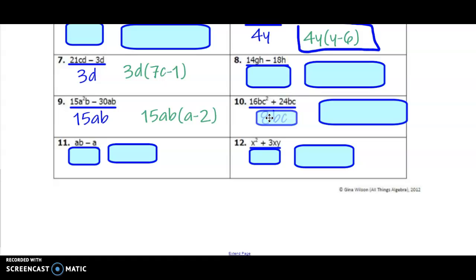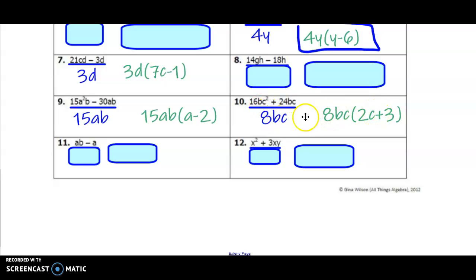So my greatest common factor is 8bc. When I divide that out, I bring my 8bc to the outside. 16 divided by 8 is 2. The b's cancel. C squared over c is c. 24 divided by 8 is 3. The b's and the c's both cancel.